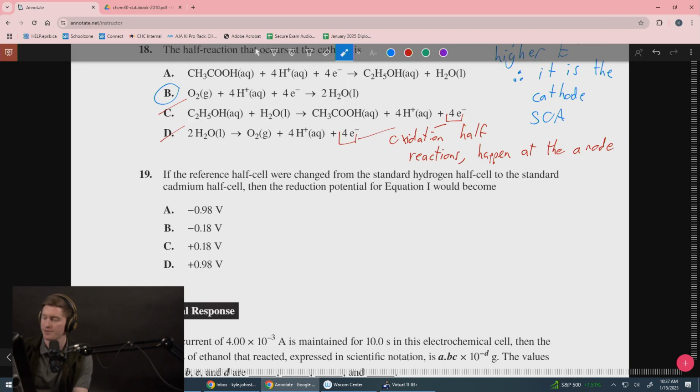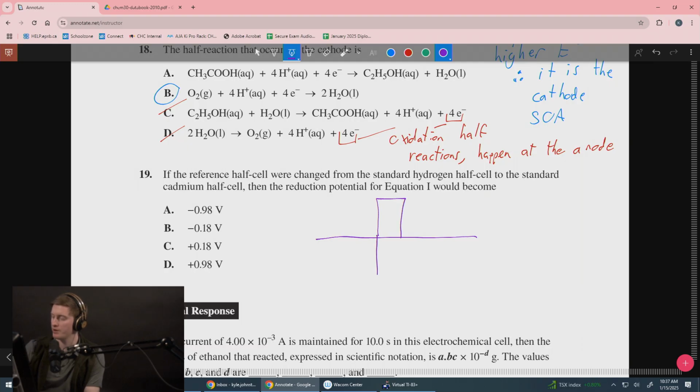If the reference half cell were changed from the standard hydrogen half cell to the standard cadmium half cell, then the reduction potential for equation 1 would become what? All right. I like to imagine that really what the cell potential is, is a building that can move up and down underground. And really what you're measuring is your distance from the ground floor.